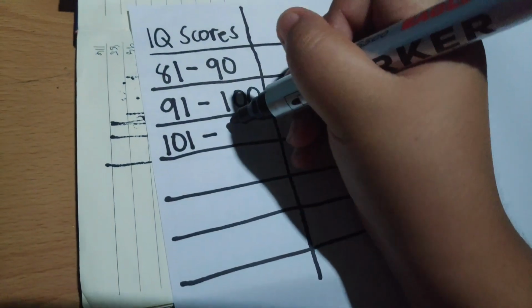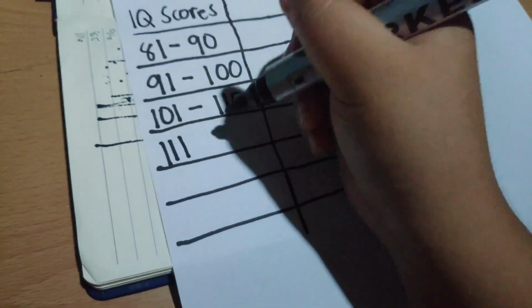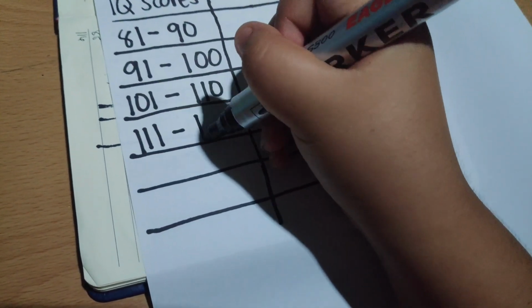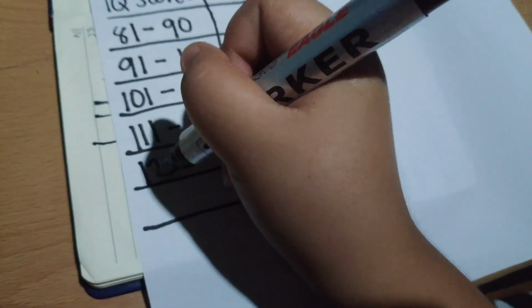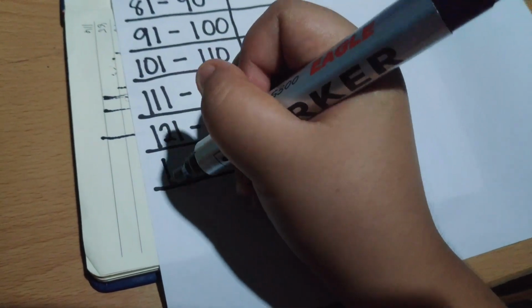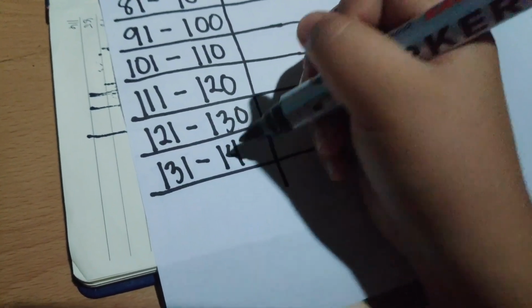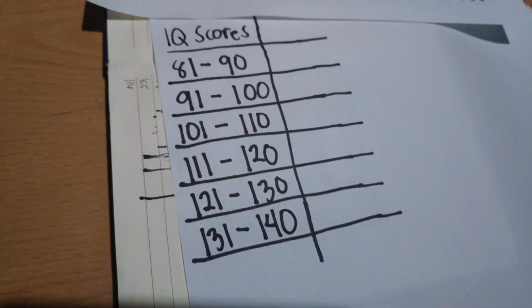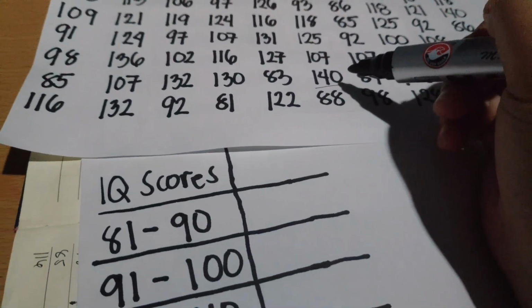Then 101 to 110. 111 to 120. 121 to 130. And 131 to 140. So it should match the 140, the highest value.